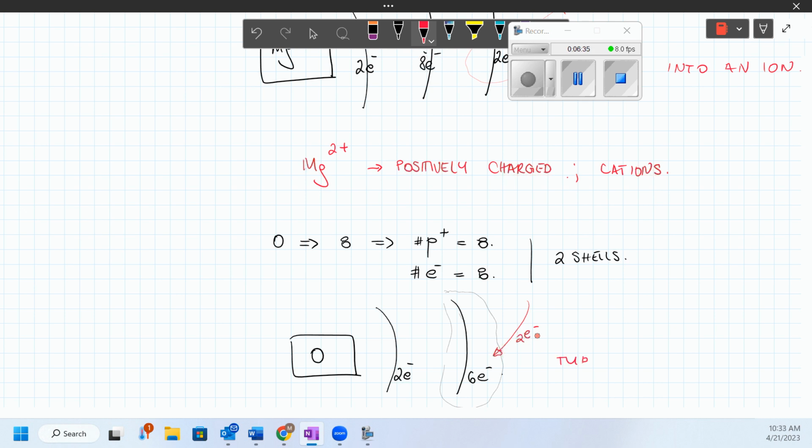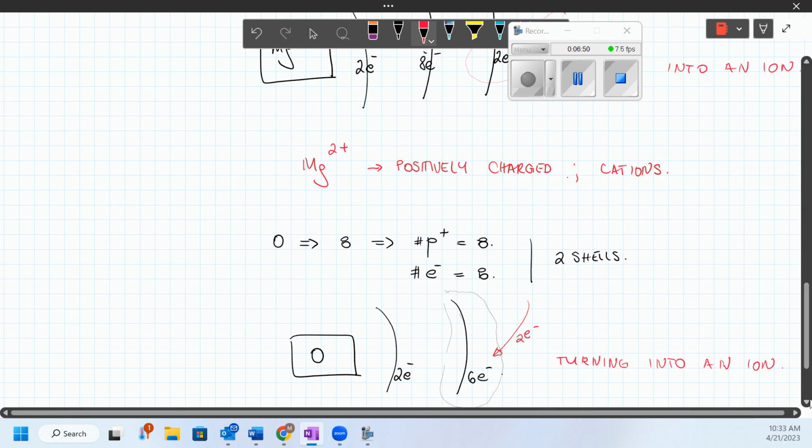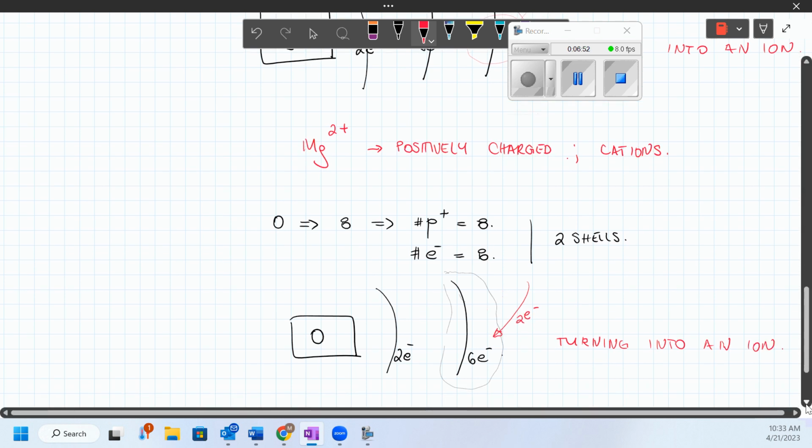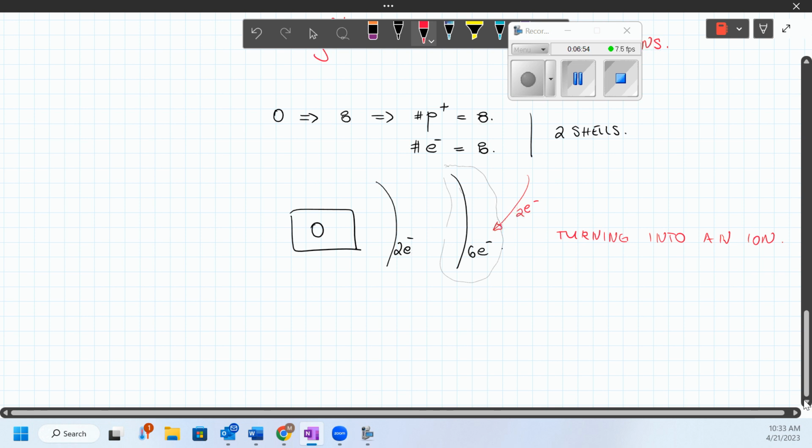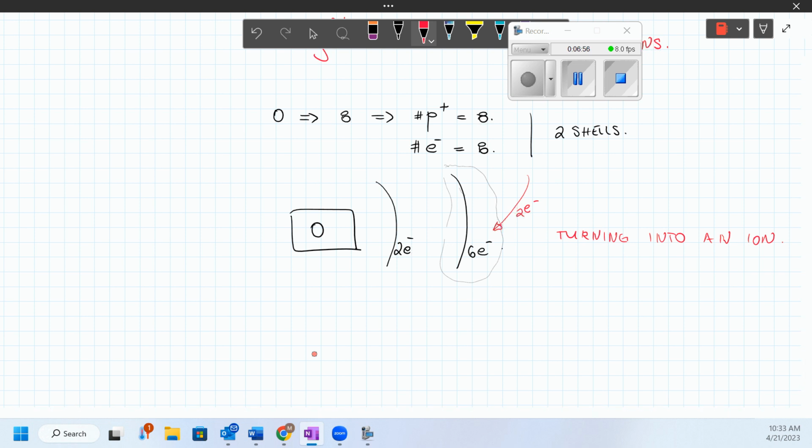By taking those 2 electrons, it turns into an ion. In the case of oxygen, the ion is called oxide. It's a negative one.